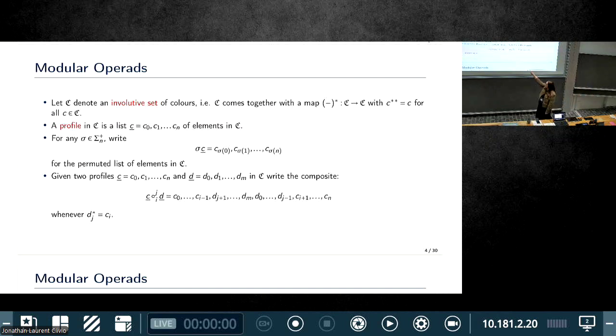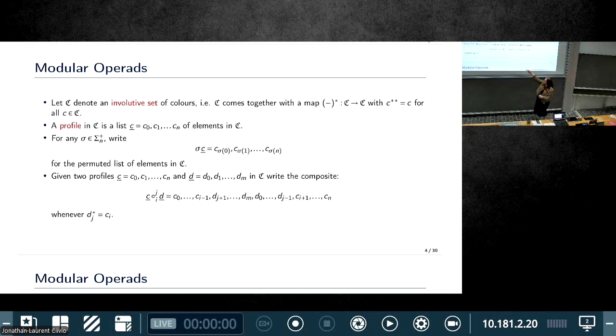For any two profiles or just lists, I want to write a composite where I basically place the jth entry of D into the ith entry of C. But I'm going to do this in a really particular way. I'm going to cyclically permute so that j comes to the beginning and takes the place of D sub 0.